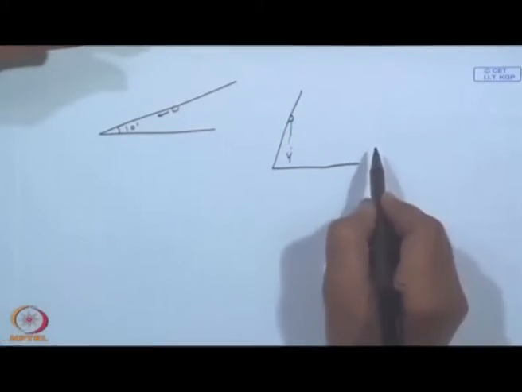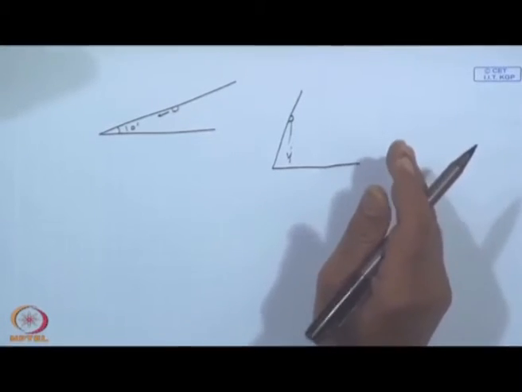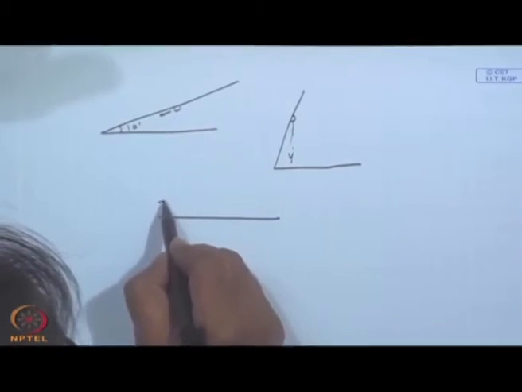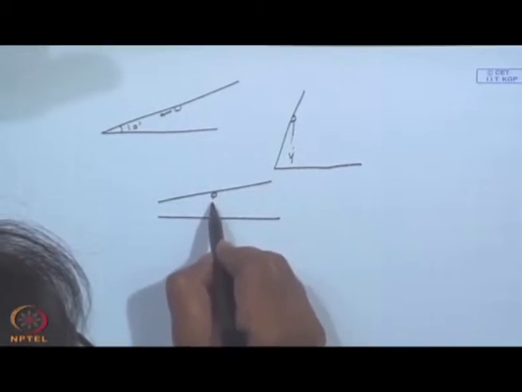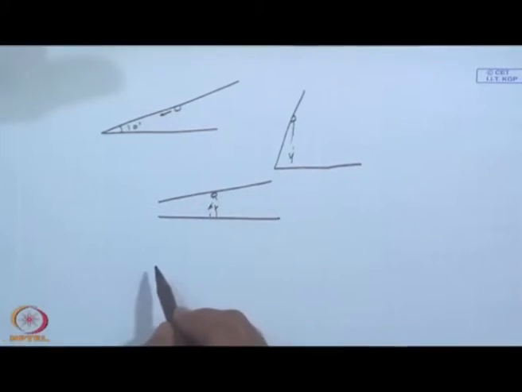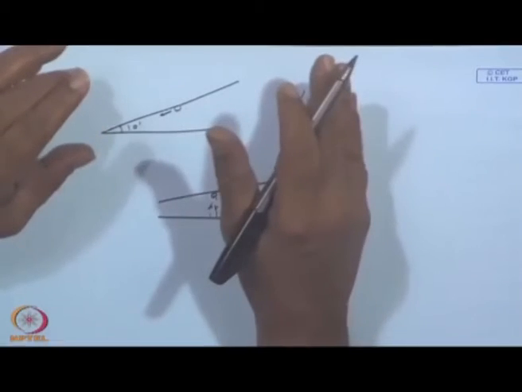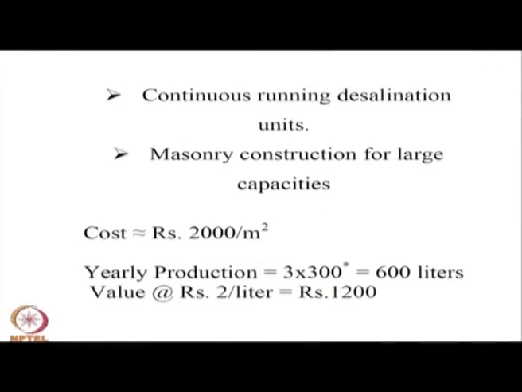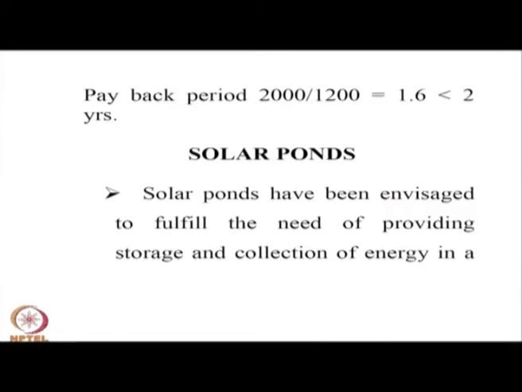And if it is almost horizontal, definitely it will condense and fall back. Okay. So, this 10 degree is based upon the surface tension of the water, and experience has found this quite acceptable. So, this is what I have done, less than 2 years.